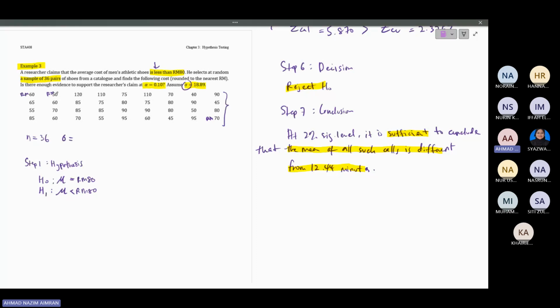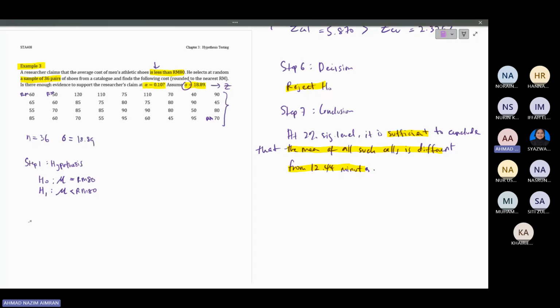So when it is known, we need to use the formula with the Z critical value, not with the T. So that is step 1.